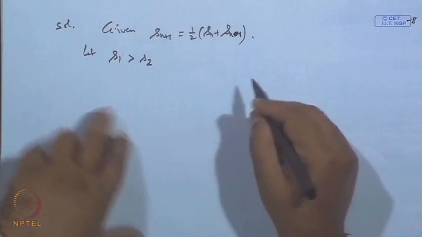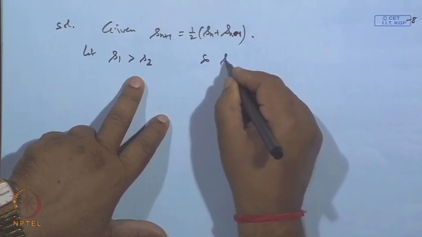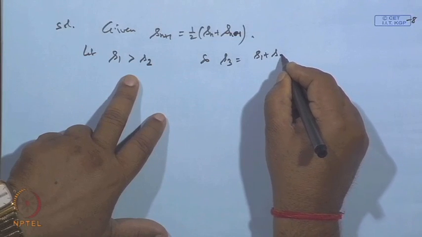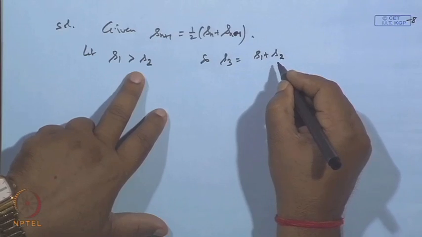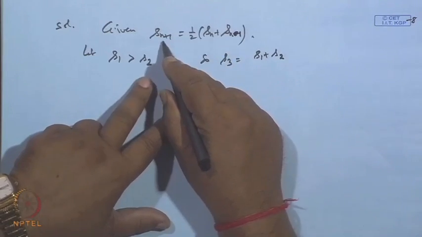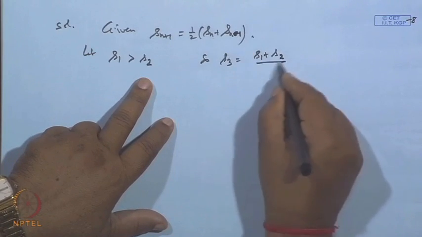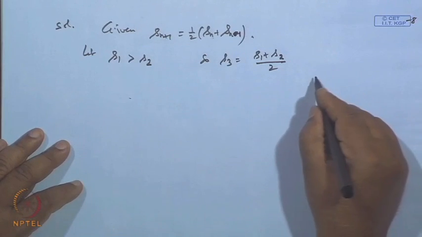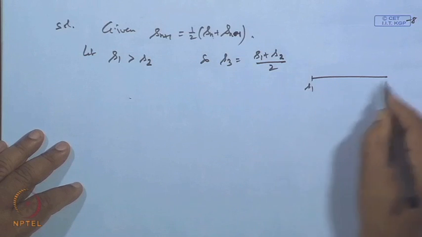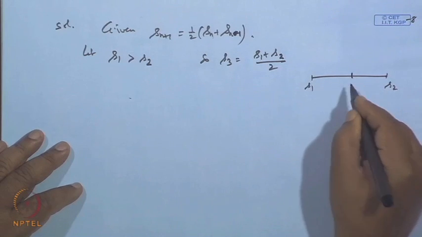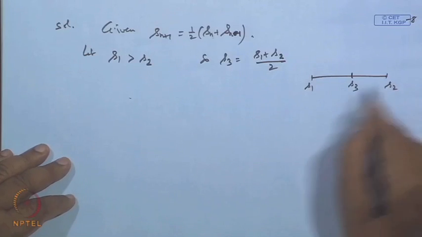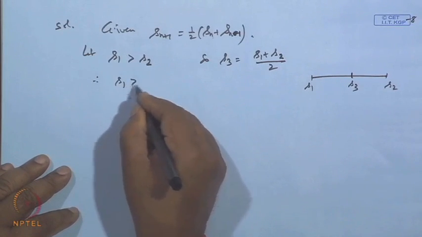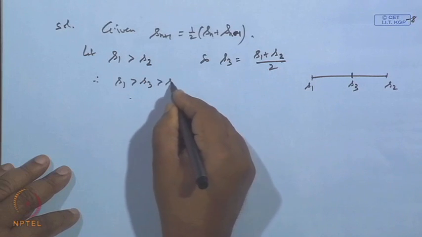So, for n equal to 2, S3 is S2 plus S1 by 2. It means that between S1 and S2, we get S3, which is the mean of S1 and S2. So, we get S1 greater than S3 greater than S2.